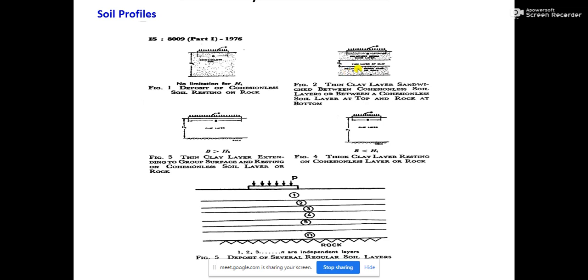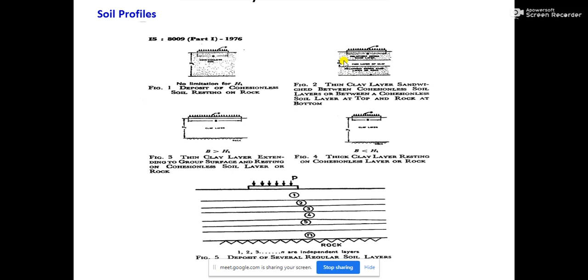So whatever water is inside this clay layer will be able to find only a single path in the upward direction. So this kind of drainage will be termed as one-way drainage.